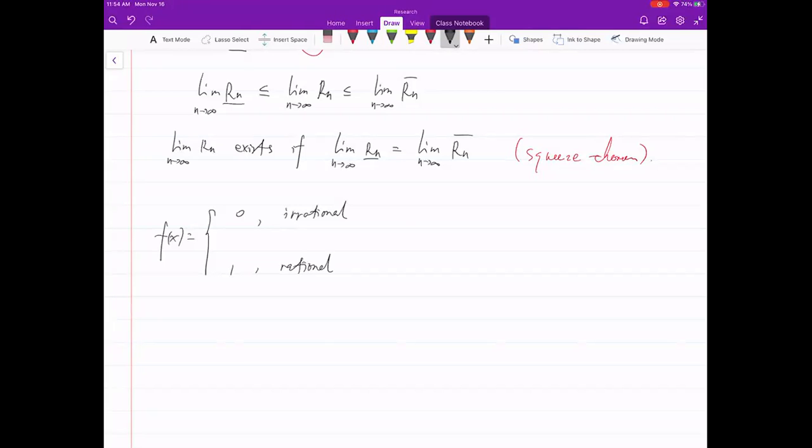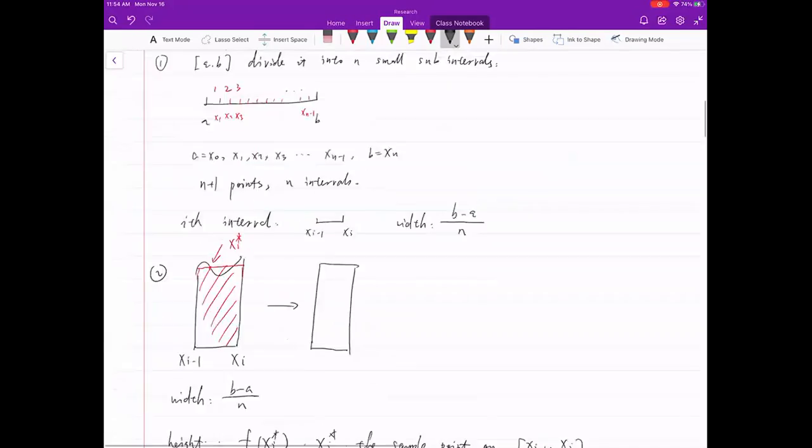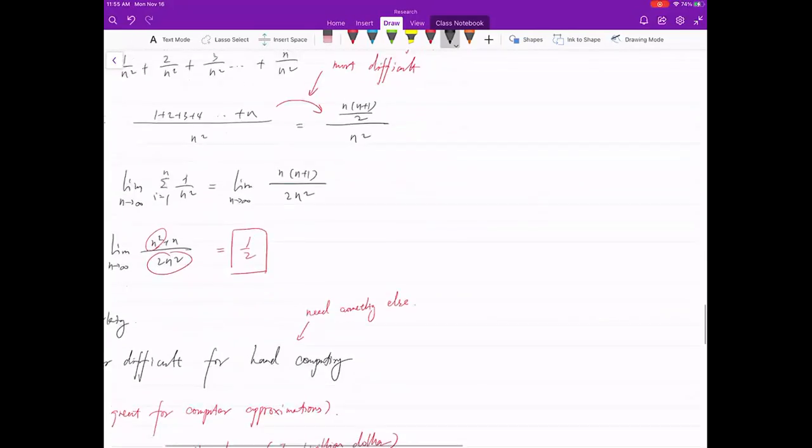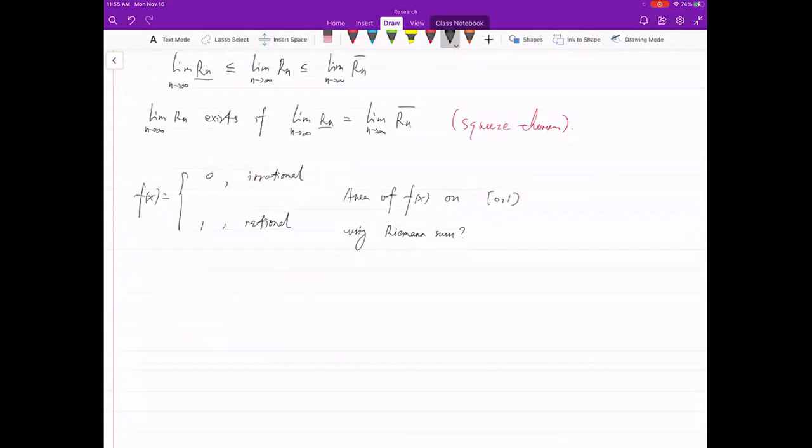Can you find the area of f(x) on [0, 1] using Riemann sum? Try to think about it. Try to go from the upper and lower sum approach. See if they're equal. If they're not equal, then what number you get really depends on how you pick the sample point, which means it's not doable. All right, that's all for today.